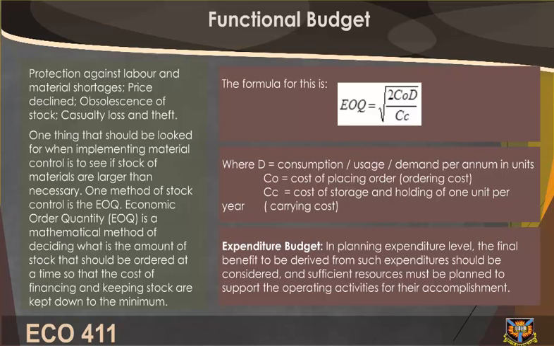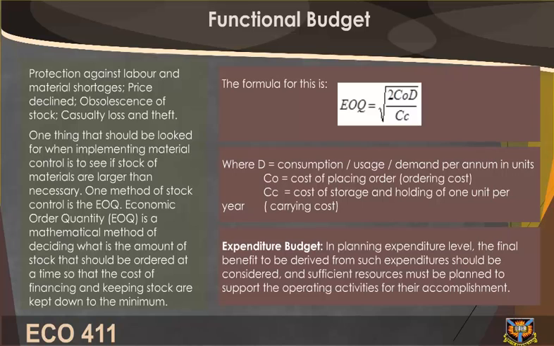The formula is given below, where D equals consumption or usage or demand per annum in units, CO is the cost of placing an order, and CC is the cost of storage and holding of 1 unit per year. That is the carrying cost.